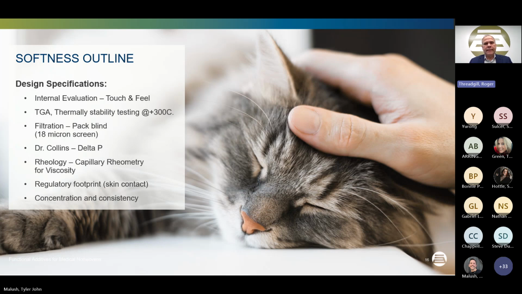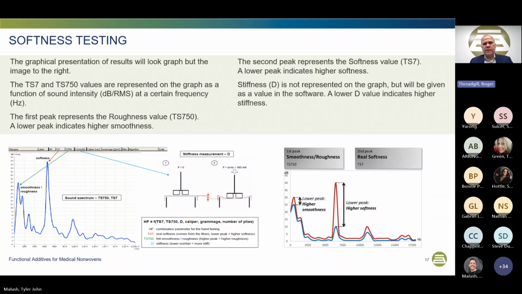You've got things like rheology, so we use capillary rheometry for that. The regulatory footprint again, in this market space, super important. And also, what is our concentration and our consistency in the article itself, because that directly impacts the softness effect that we achieve. On the next slide, we'll talk a little bit about softness testing itself.